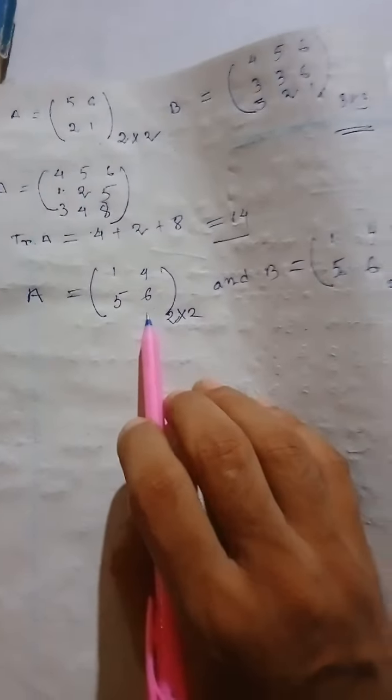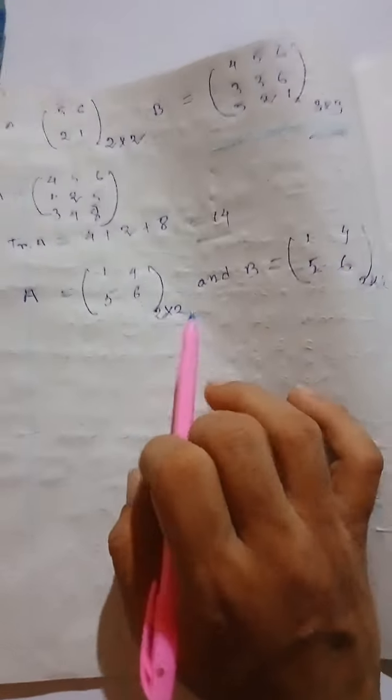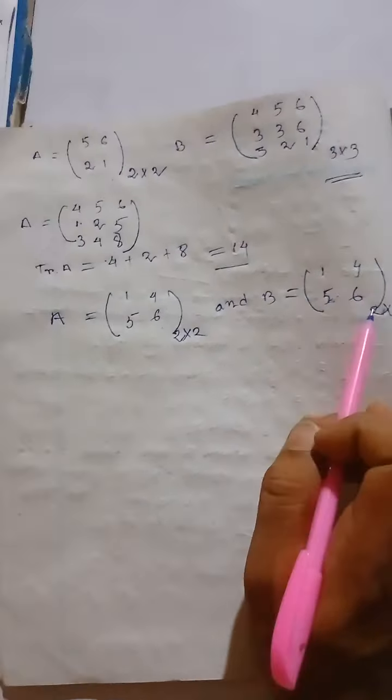More example. Matrix A is 1 4, 5 6 of order 2 by 2 and matrix B is 1 4, 5 6 of order 2 by 2.